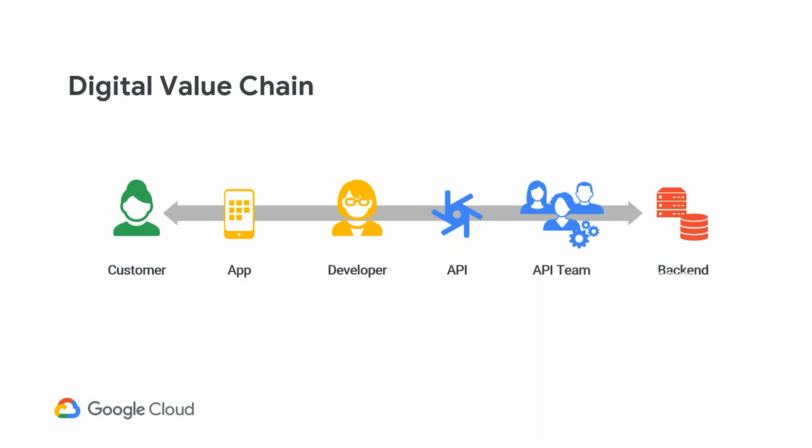That is what we mean by a connected experience. It doesn't make a difference that it takes a lot of time or a few minutes. Once you update from one channel, you will see it instantly reflected on the other channel. That is what we mean by a digital value chain or connected experience.